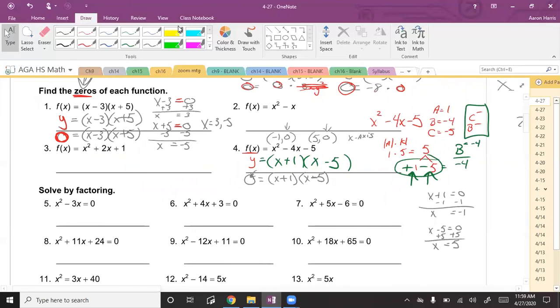Okay. Let's see. Disappeared on me. I don't have Marie and I don't have Aiden. Why is that? Interesting. Okay. Let's go here. Isaiah.